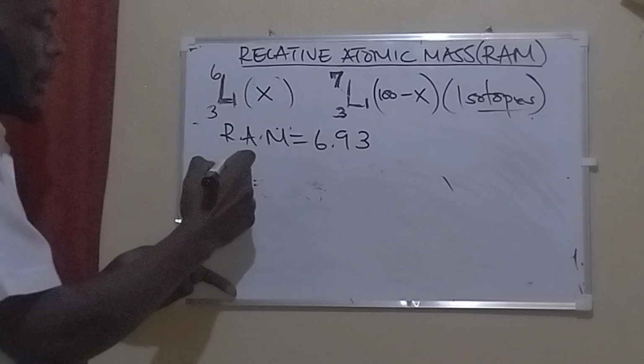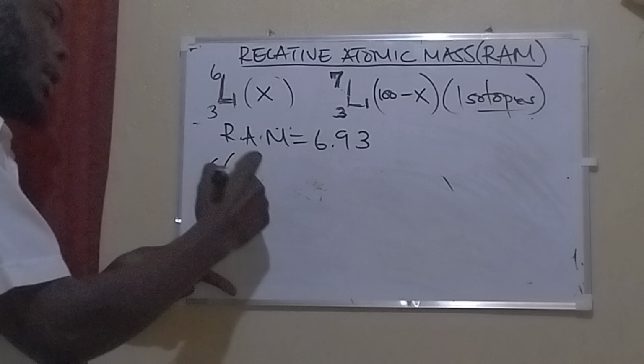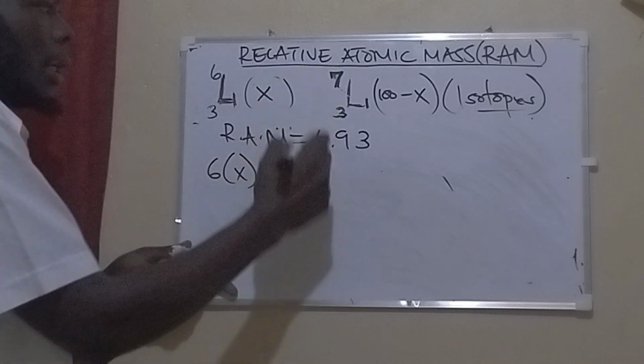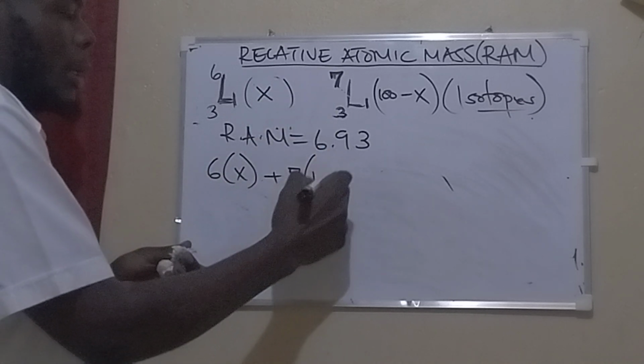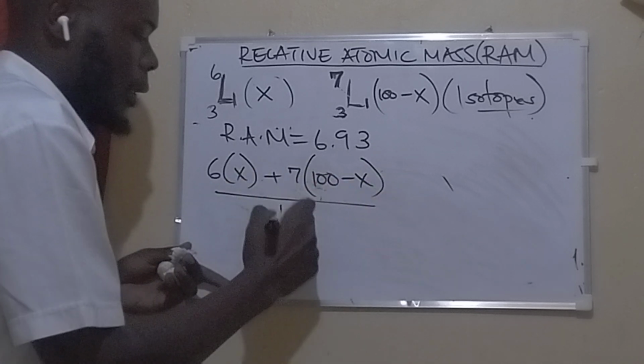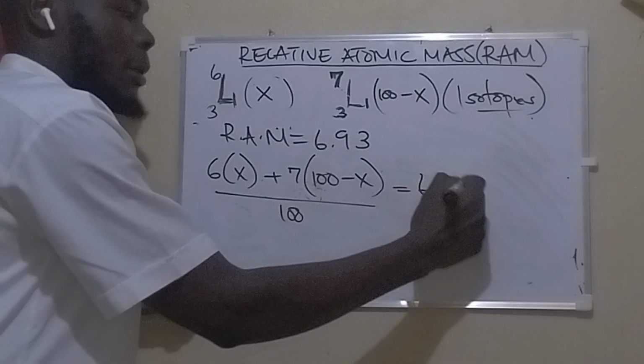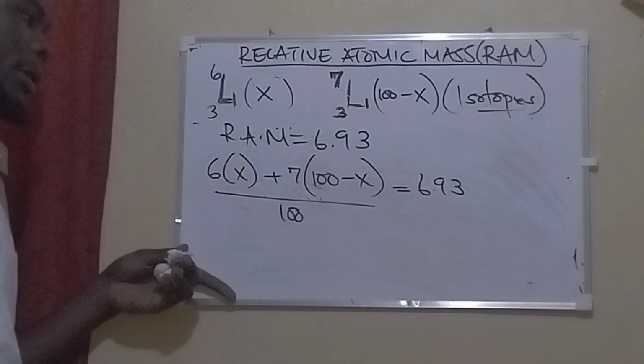So you still take 6, the mass number, times the abundance, which is x, plus again here the mass number is 7 times the abundance, which is 100 minus x, then divide by 100. It should give you 6.93.